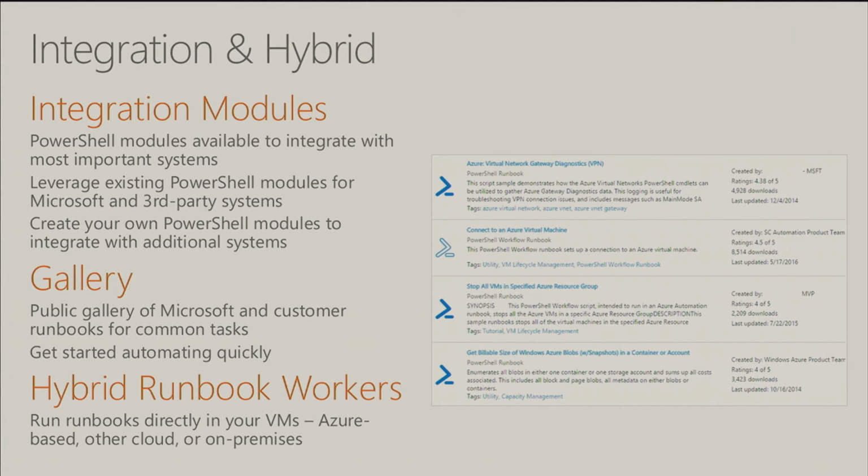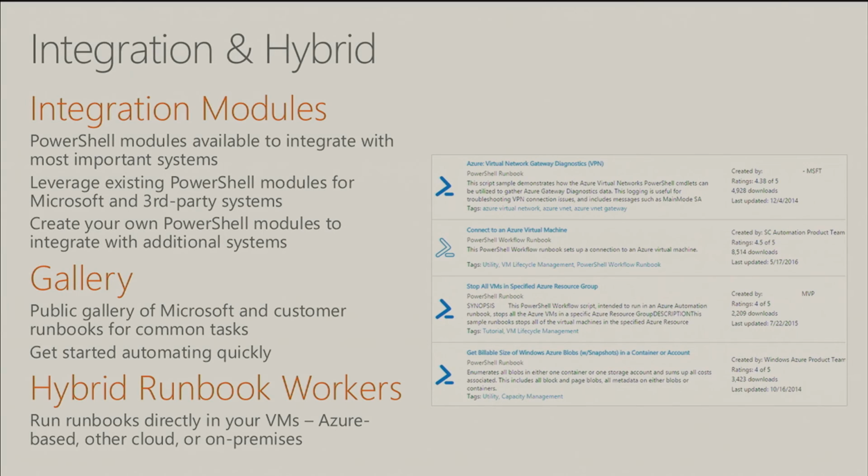And so it makes it very easy for you to create your own runbooks based on those modules to integrate with whatever you want. Azure has the whole bucket of modules for integrating with all of Azure. Amazon, you name it, everybody has PowerShell modules, and so it makes the integration story really great. And you can import modules into our system. You can make your own modules and import them, and then use them throughout your runbooks.